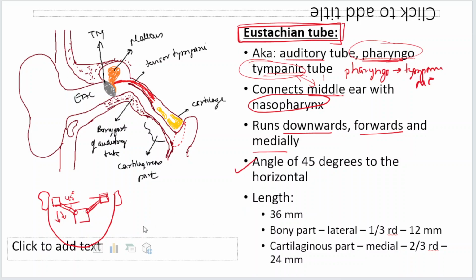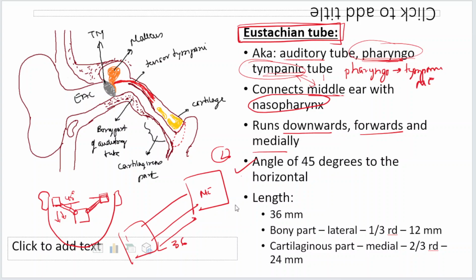What is the length of this Eustachian tube? Suppose this is a middle ear and this is the nasopharynx. The length of the Eustachian tube is 36 millimeters. This is the left side. This is lateral, and as we go towards the nasopharynx, this is medial.